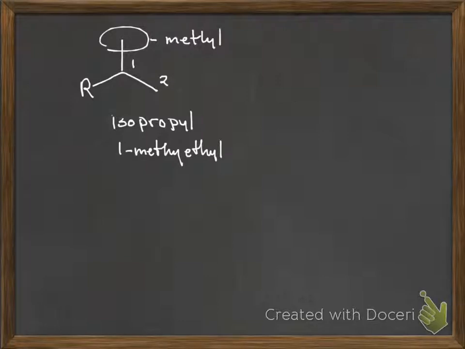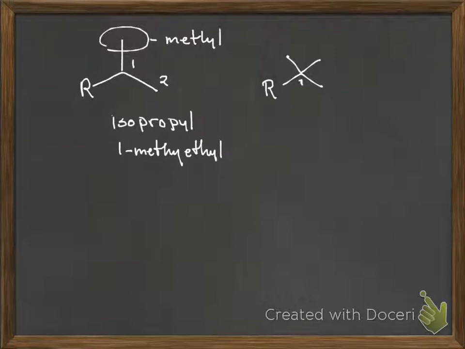What would tert-butyl be in that? By the way, this is not the only alternate name, and we'll get to the other one in a second. So R, and that's a tert-butyl group. What would you call that? Where's the carbon connected? In the center, so I'll call that 1.